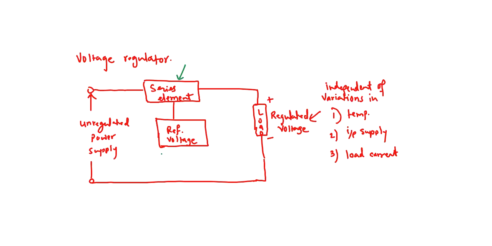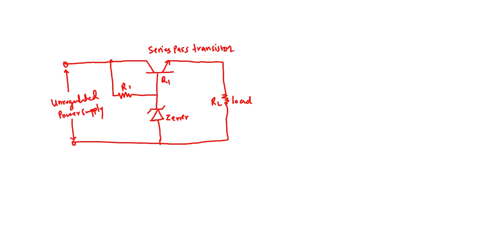So this is actually the complete circuit that will have that. So you have this series element, you have a reference voltage, you have a load here, and you have an unregulated power supply.